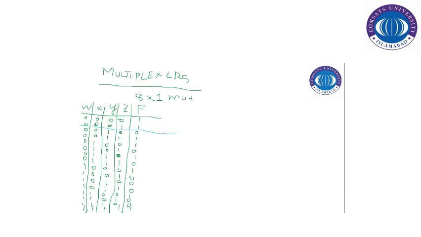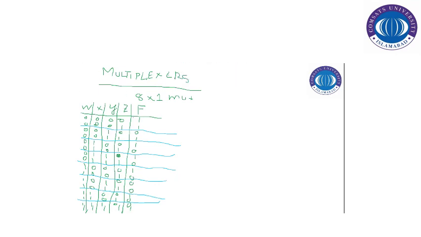This is the first pair, this is the second pair, this is the third pair, this is the fourth pair, this is the fifth pair, that's the sixth pair, seventh pair, and the last one, the eighth pair.